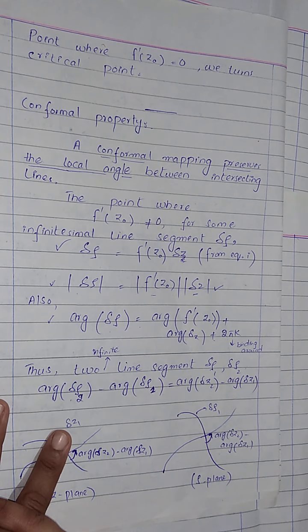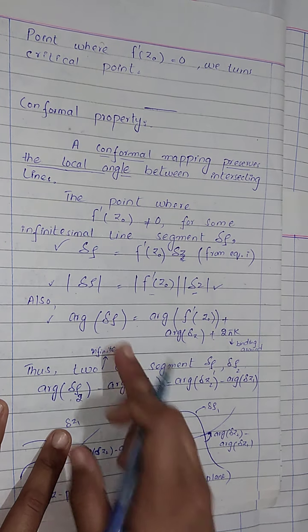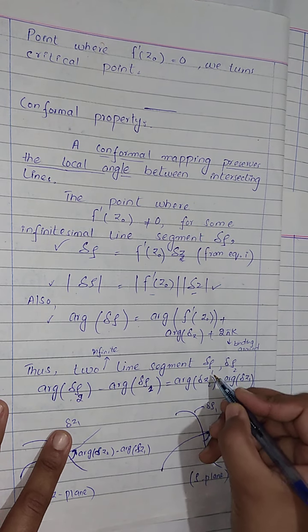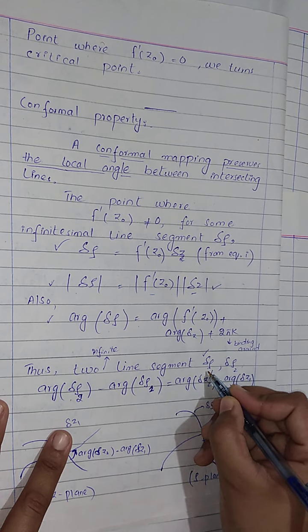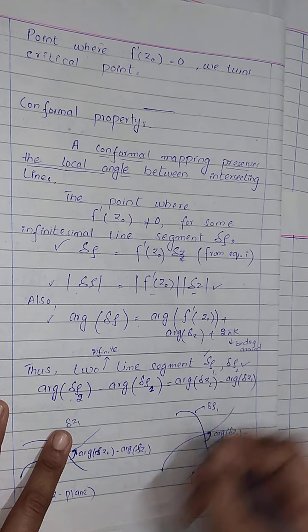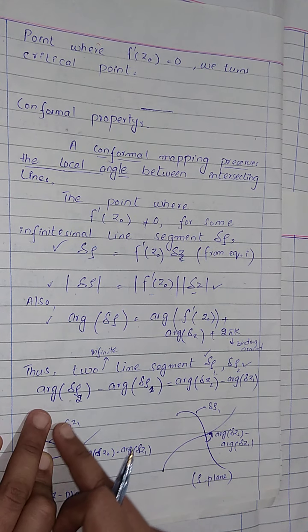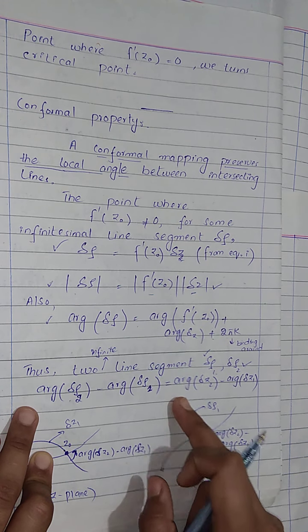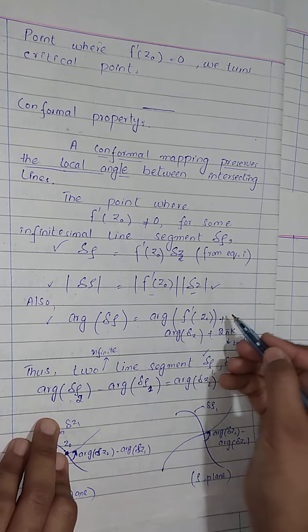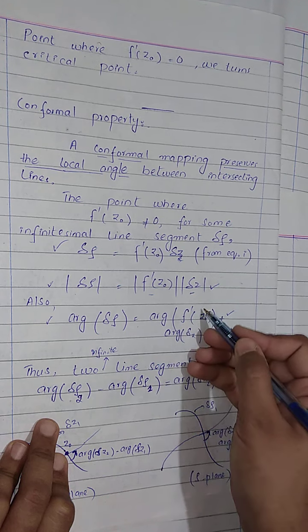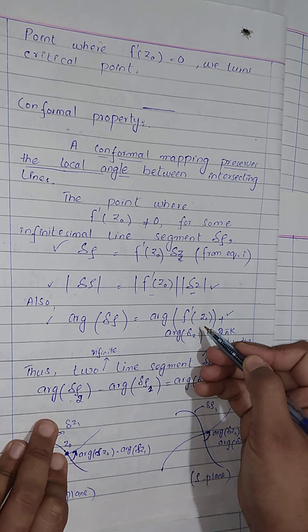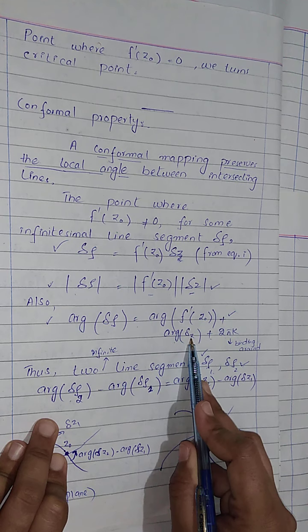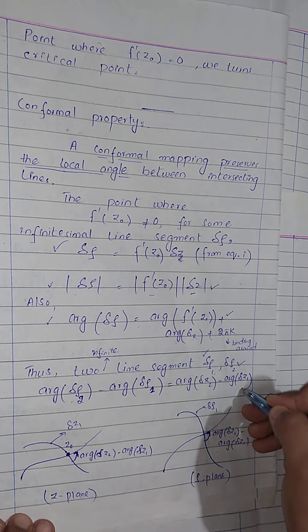It's a general argument. Thus, if we talk about two line segments, first is del zeta 1 and second is del zeta 2, then the argument between the two lines is argument del zeta 2 minus argument del zeta 1, which is equal to this, because argument f derivative of z naught cancels out with argument f derivative of z naught. Then we have argument del zeta 2 minus argument del zeta 1.